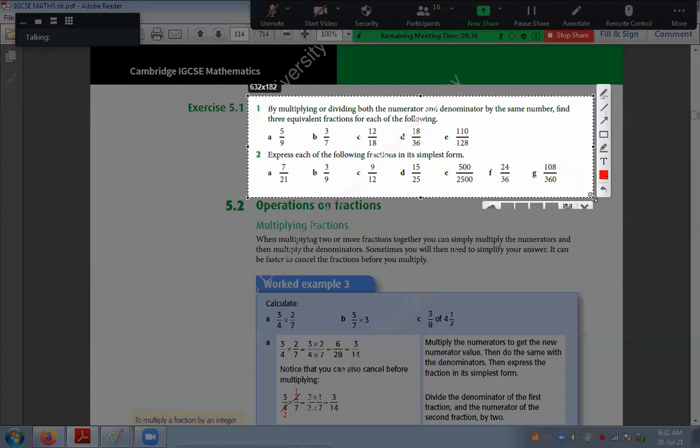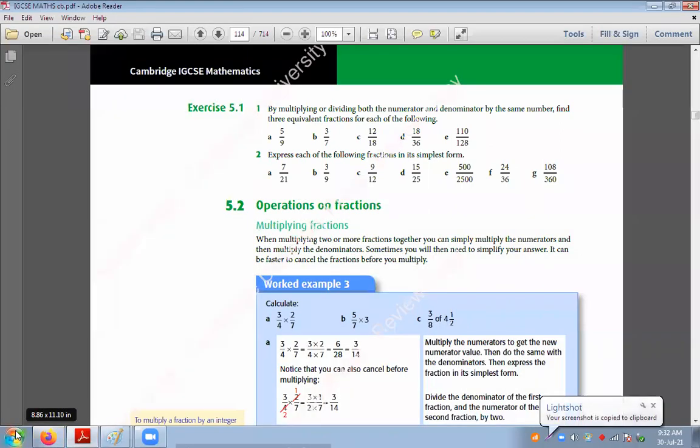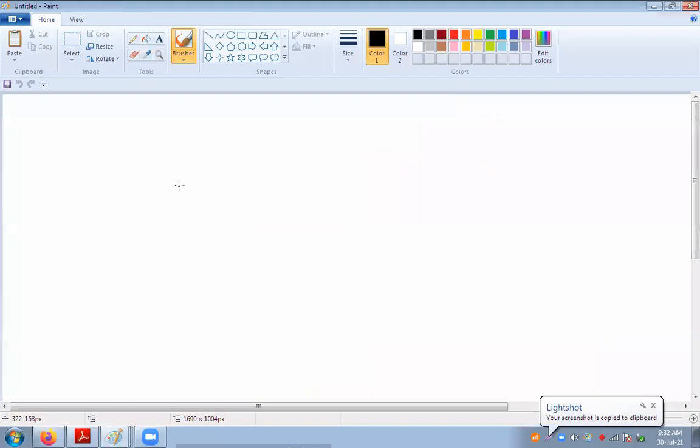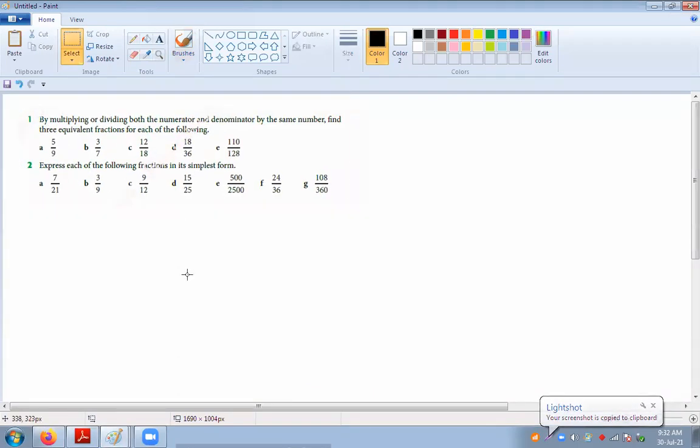This is your exercise 5.1. So equivalent fractions of 5 by 9 will also be 10 by 18, 15 by 27, 20 by 36. All these are equal, that's why I have given equal signs in between.